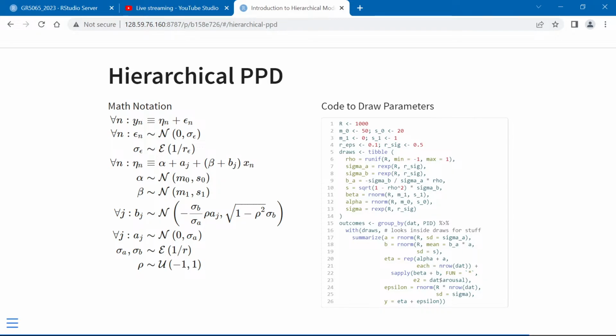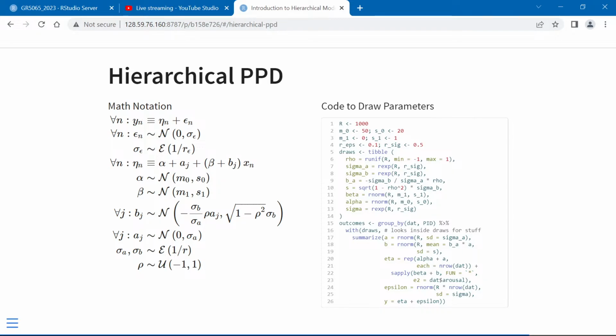So summarize, draw the A's for the jth person, normal. Draw the B's for the jth person, normal but conditional on the A's. So it's bivariate normal marginally between those two things. Use the A's and the B's, those go into the etas. So construct the predictions for each person.